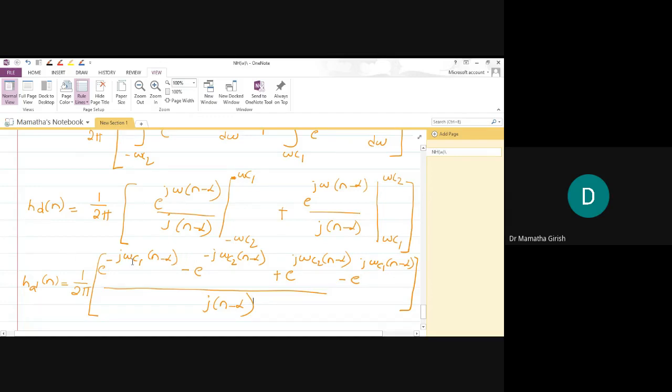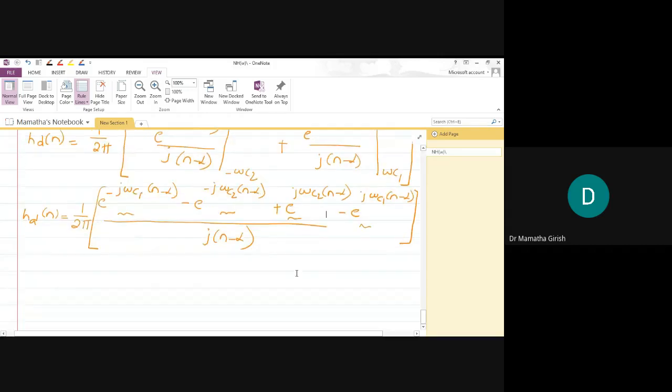I'll combine the first term with the fourth term and the second term with the third term, applying Euler's formula for sine theta: e power j theta minus e power minus j theta is equal to 2j sine theta.